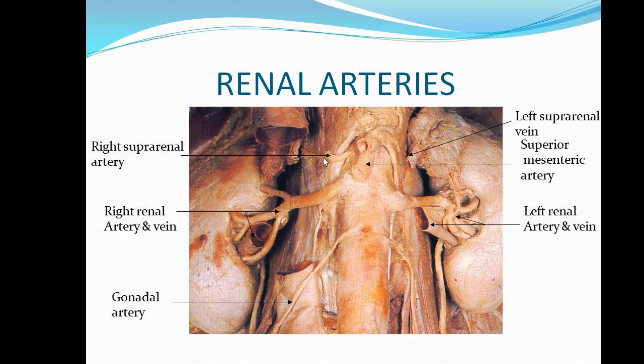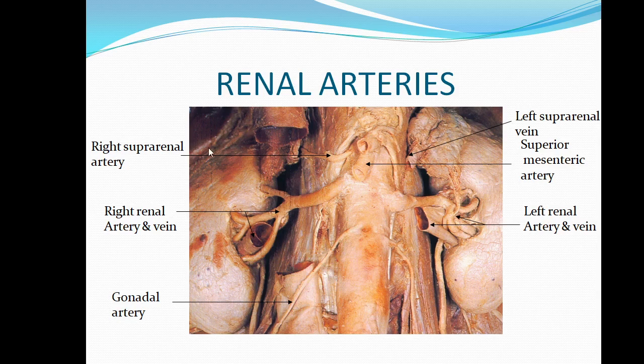Here you can see the abdominal aorta. This is the renal artery, and you can see the right renal artery is larger than the left because it has to cross in front of the inferior vena cava. This is the inferior vena cava. This is the gonadal artery emerging from the abdominal aorta.